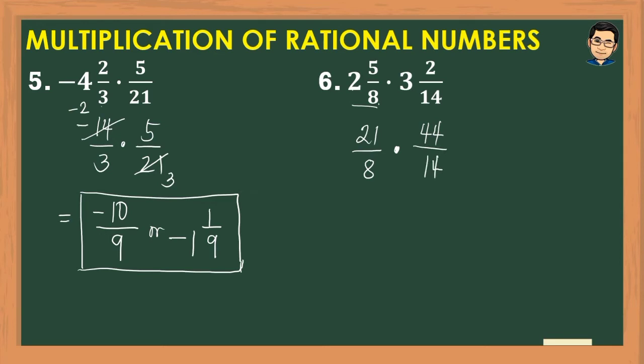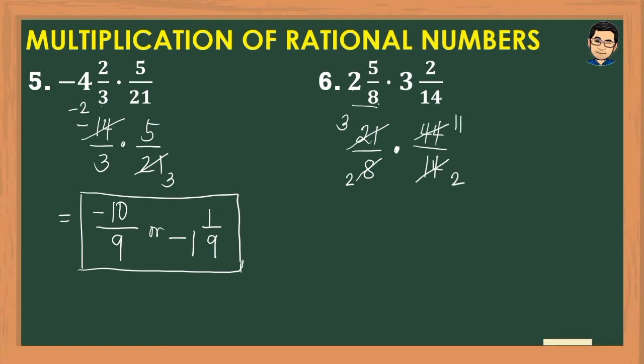Now, using cross multiplication, so 21 and 14, the GCF is 7. So 21 divided by 7, that is 3. 14 divided by 7, that is 2. What about 44 and 8? So the GCF is 4. So 8 divided by 4, that is 2, and then 44 divided by 4, that is 11.